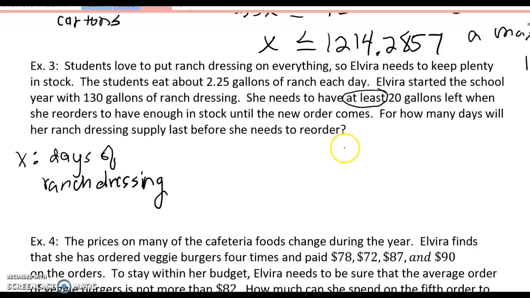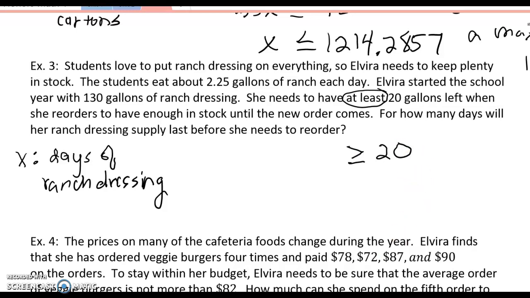So for this, she wants to have at least 20 gallons left. So we're going to compare the amount of dressing that was consumed versus what is left on hand. So what inequality symbol do you think we should put right next to this value of 20?